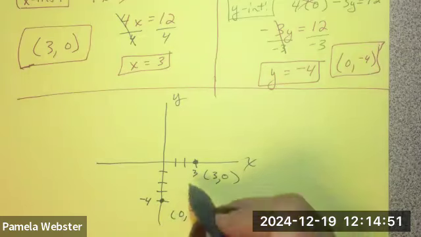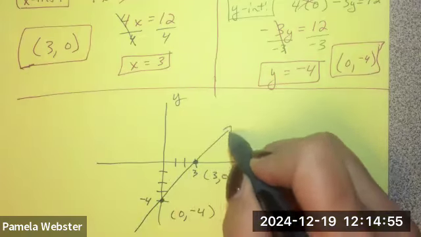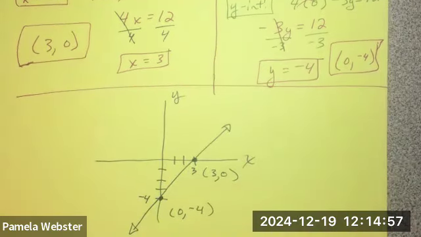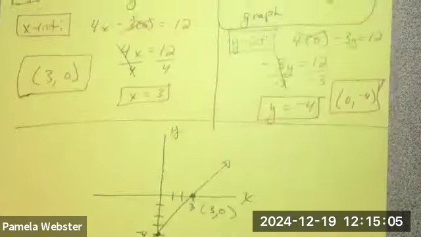All right, so there's that guy. Hopefully it's just like that, or pretty close. You get the picture. All right, so that's what this guy's graph looks like, and that is using the x-intercept and the y-intercept, okay?